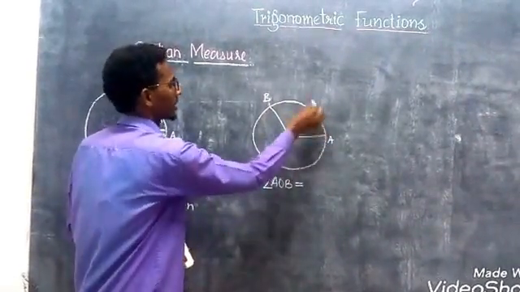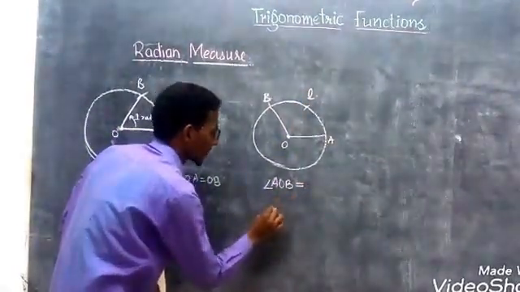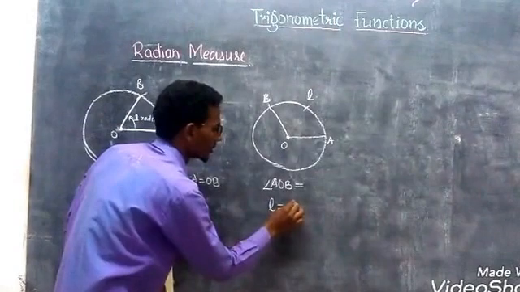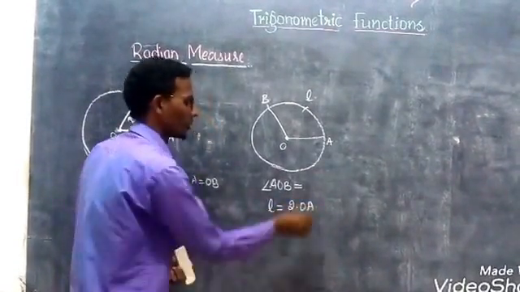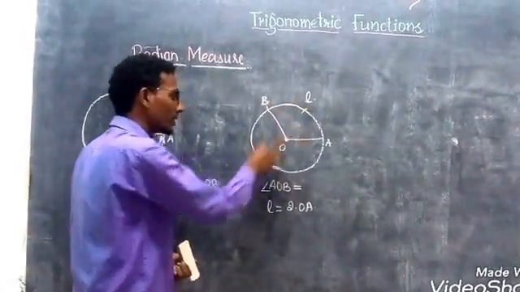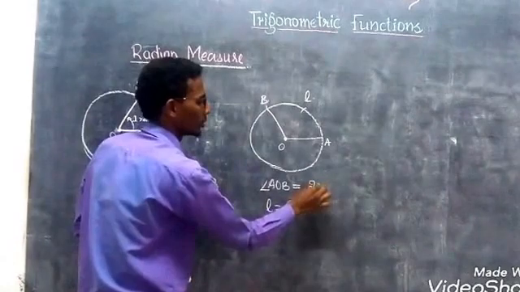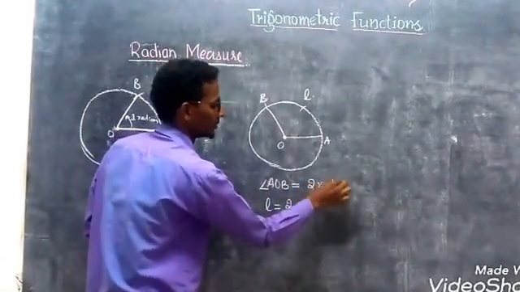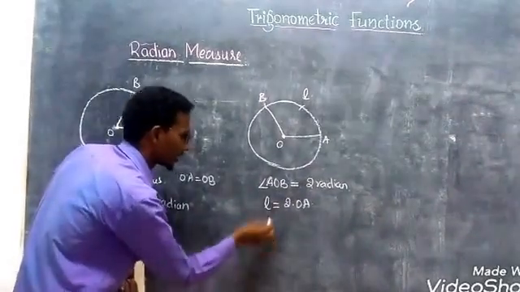Here this L is equal to twice of OA. So this angle would be twice of 1 radian, that is equal to 2 radian.